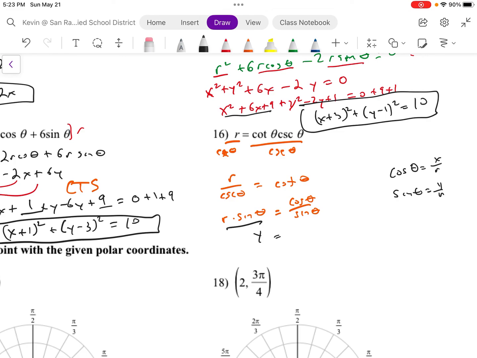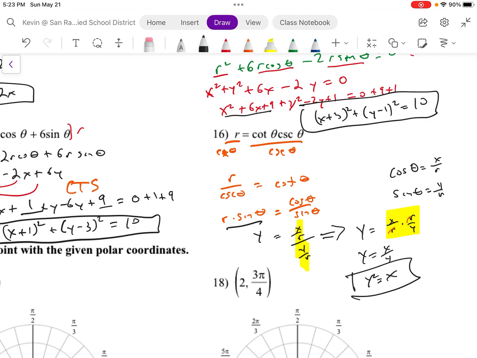So y equals x over r times r over y. The r's cancel out, which leaves me with y equals x over y. Solving for y, y squared equals x.